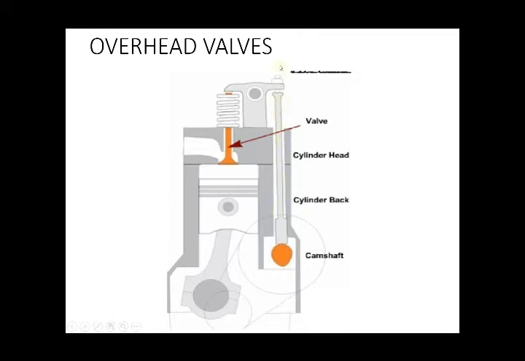It is pushed upwards, and this push rod is bolted at one end to the rocker arm. The rocker arm is a lever that is mounted on the rocker shaft. So when this end is pushed upwards, this end will come down, and this end of the rocker arm is in contact with the valve tip, and it will push the valve down and this valve will open.